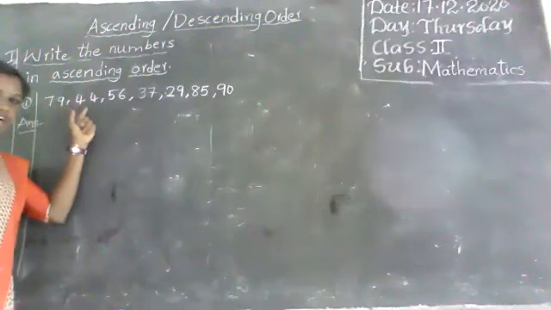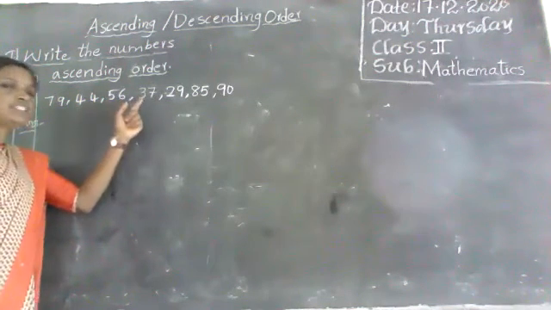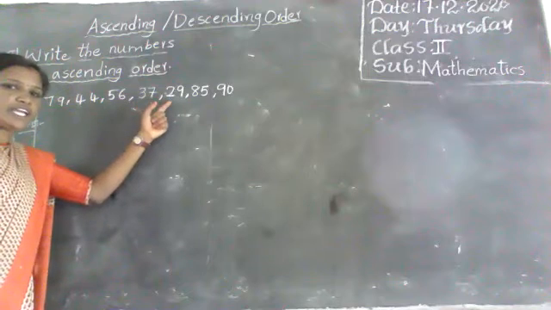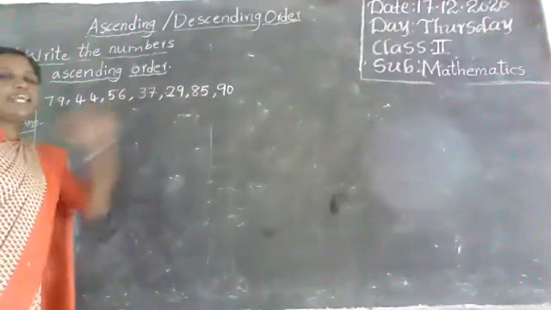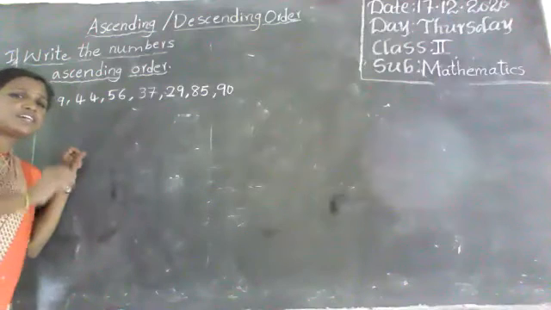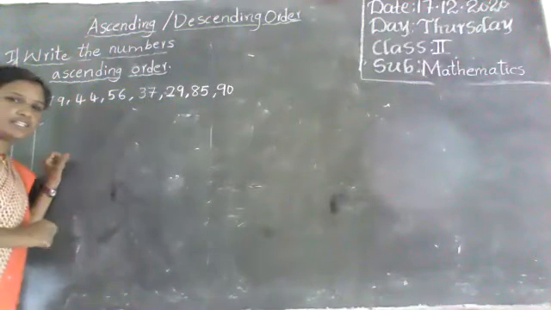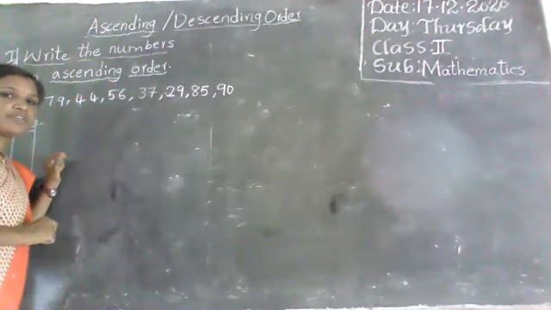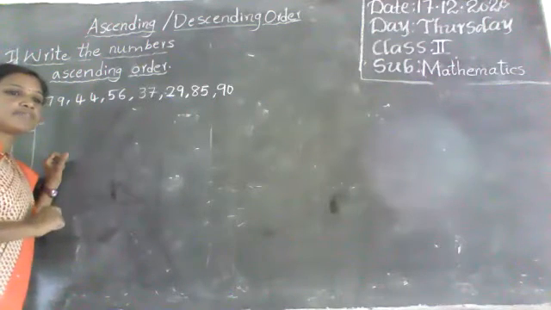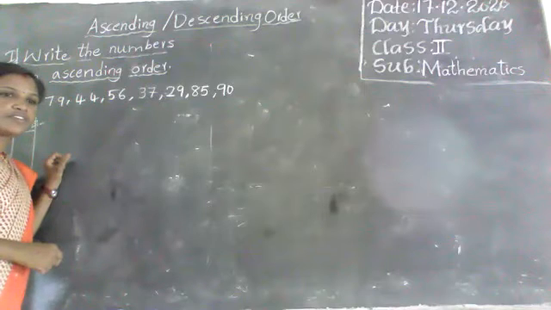Read the numbers along with me: 79, 44, 56, 37, 29, 85, 90. Which is the smallest number from these numbers?